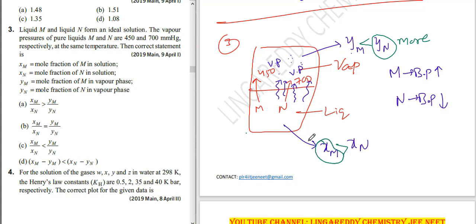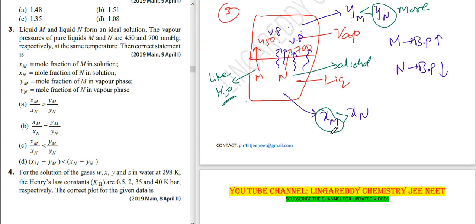Less vapor pressure means, for example, it may be water and alcohol. So water quantity will be more in the liquid compared to alcohol. So XM is bigger than XN. Obviously in the vapor phase, YN will be more than YM, right?